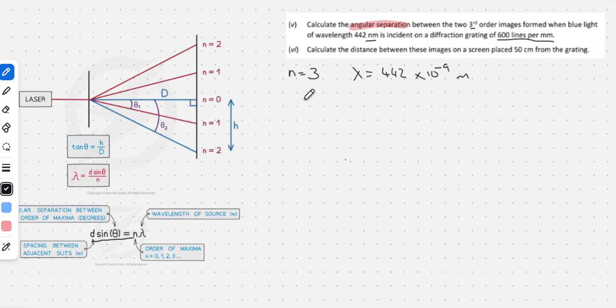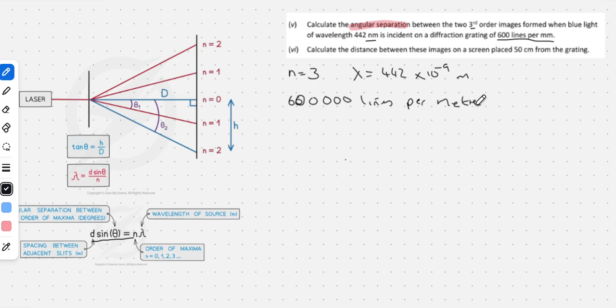So what you need to think about there is how many lines are going to be in a meter, because we need to convert that to meters. You multiply that by 1,000. So we'll have 6 times 10 to the 5 lines per meter.